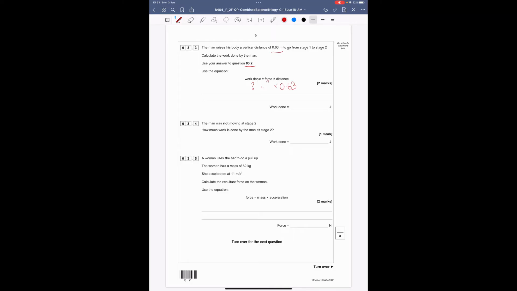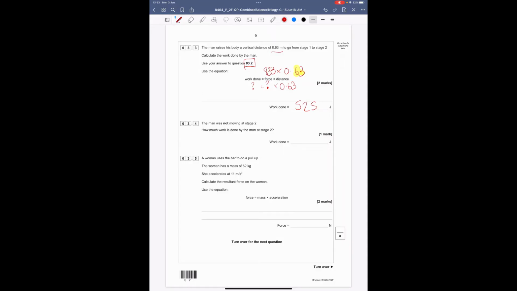But what is our force? Well, that would be our answer to 3.2, the weight that is being pulled down. So it would be 833 times 0.63, therefore giving us 525 joules of energy.